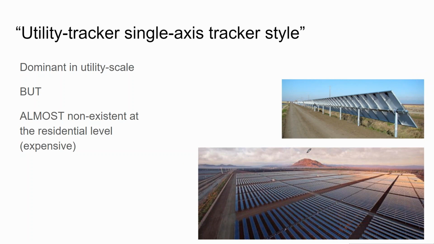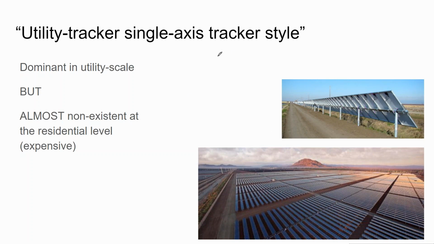And so really the only added cost of going from a fixed array to a tracking array is the cost of this flexible bearing that sits on top of the post, as well as an actuator needed to move the array up or down.